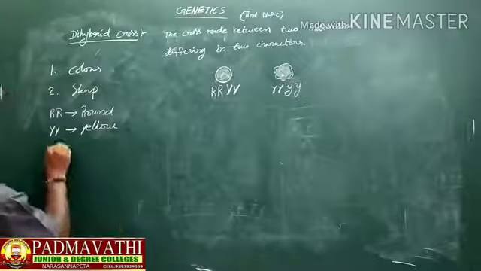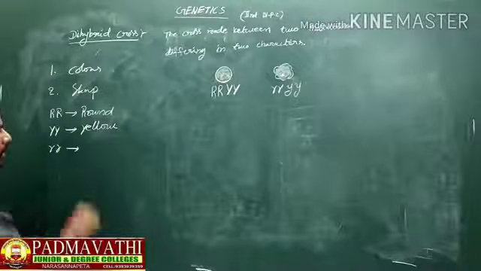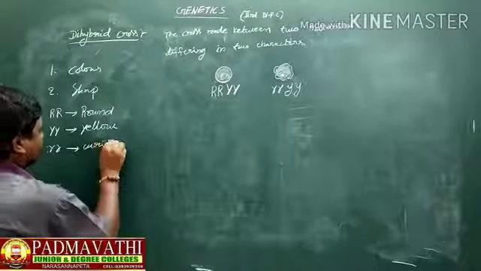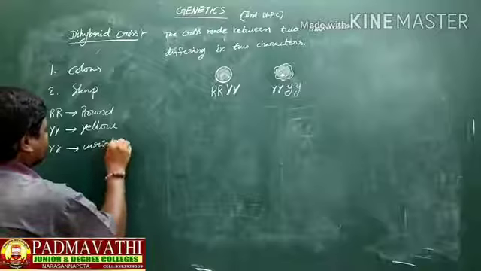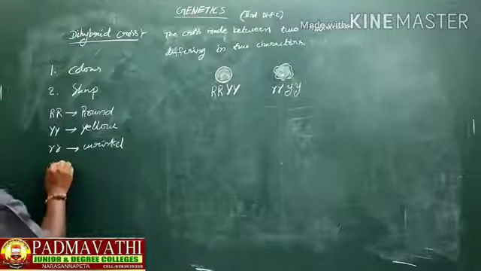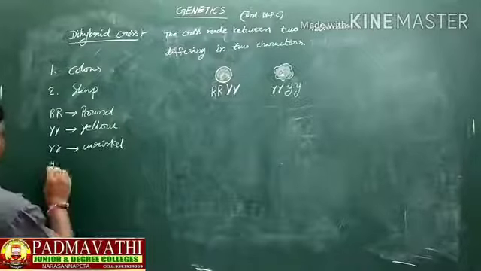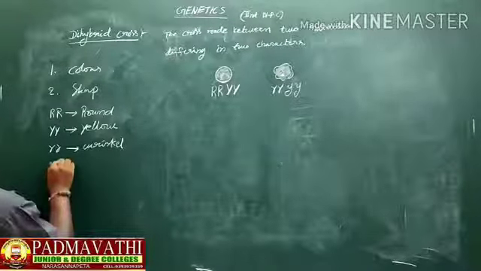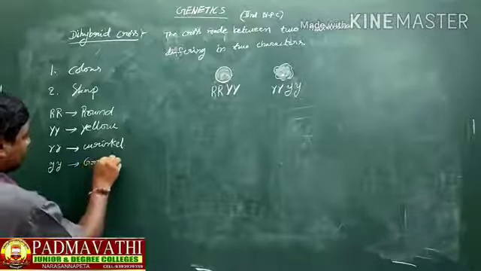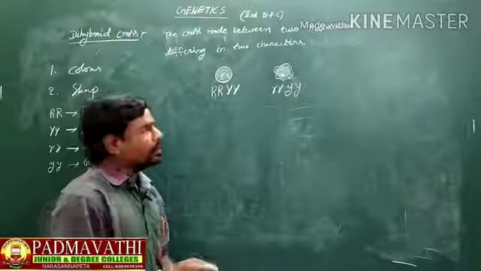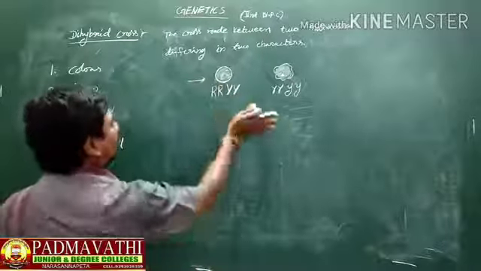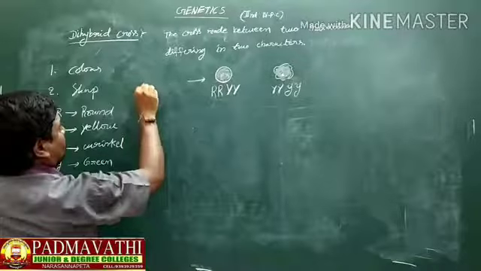Small r indicates wrinkled, and small y indicates green. So these are the parental alleles, the parent generation.